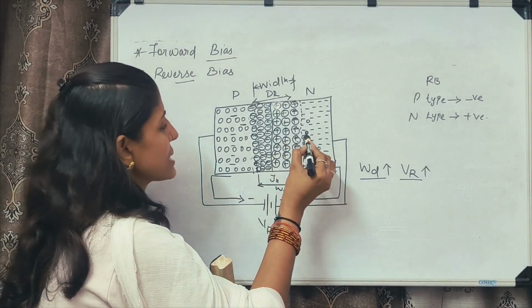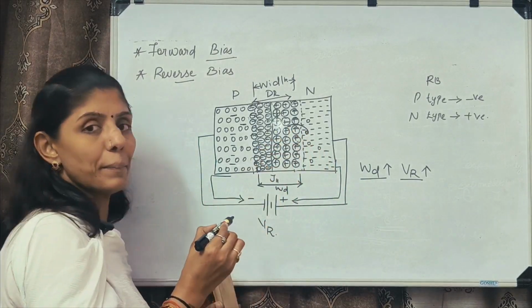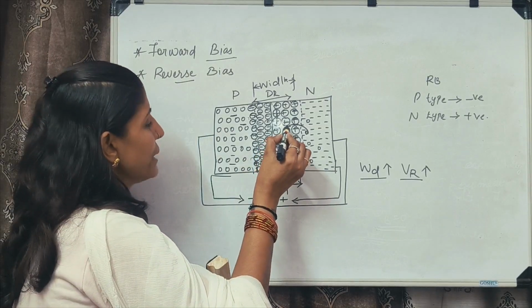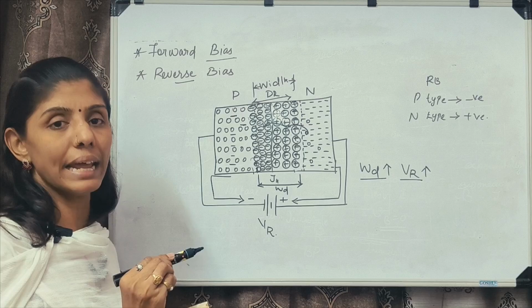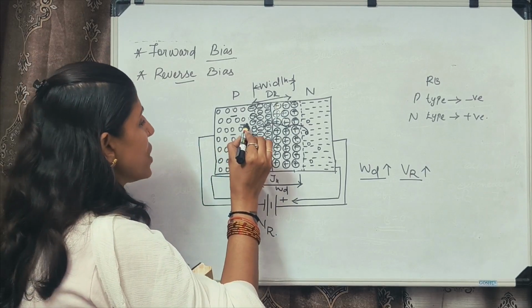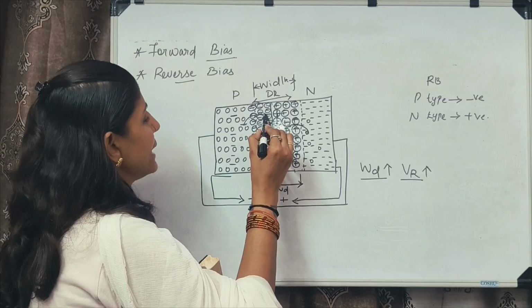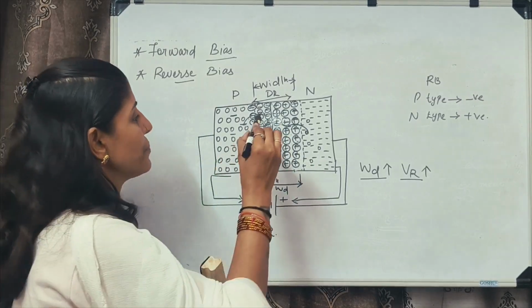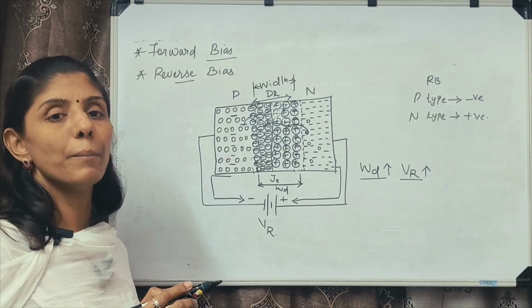So what is happening? These holes try to reach the depletion region. From the depletion region, they are getting absorbed by the negative ion. And these are the minority charge carrier electrons which are getting into the depletion region. From the depletion region, they are getting absorbed by the positive ion.